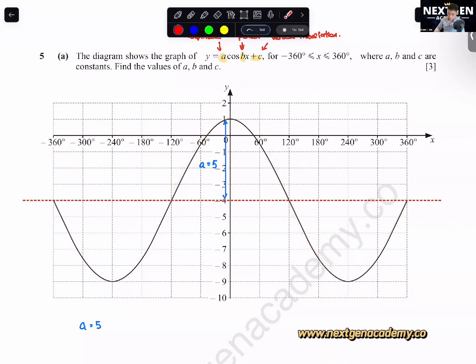But since this is a cos graph, let's do it like that. So this is one cycle, one period. We can use from here until here. So from negative 240 to 240. So the period is how much? 240 plus 240, which is equals to 480 degrees.